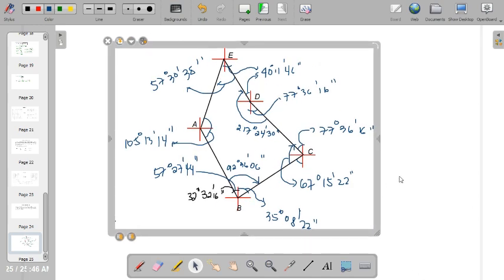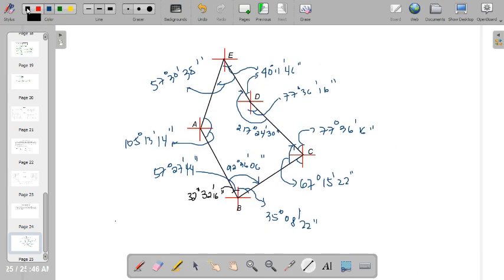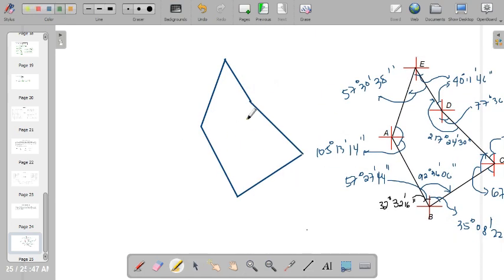Next, we're going to trace it so that we can arrange our data, because it's cluttered. That's correct. So there you go, this is our traverse.